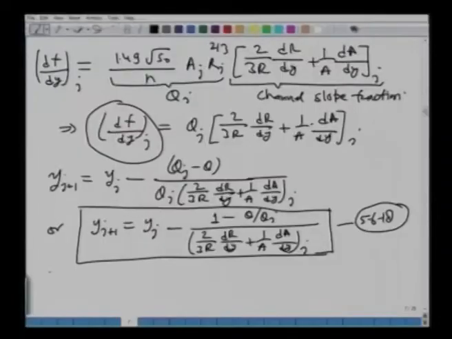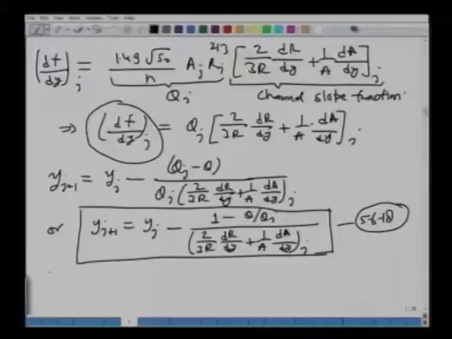This is a complicated expression, and it depends upon the shape of the channel, because it involves the area of cross section and also the hydraulic depth. The hydraulic depth and the area of cross section depend upon the shape. The values of this channel slope function are given in a table in the book for different shapes of the channel.